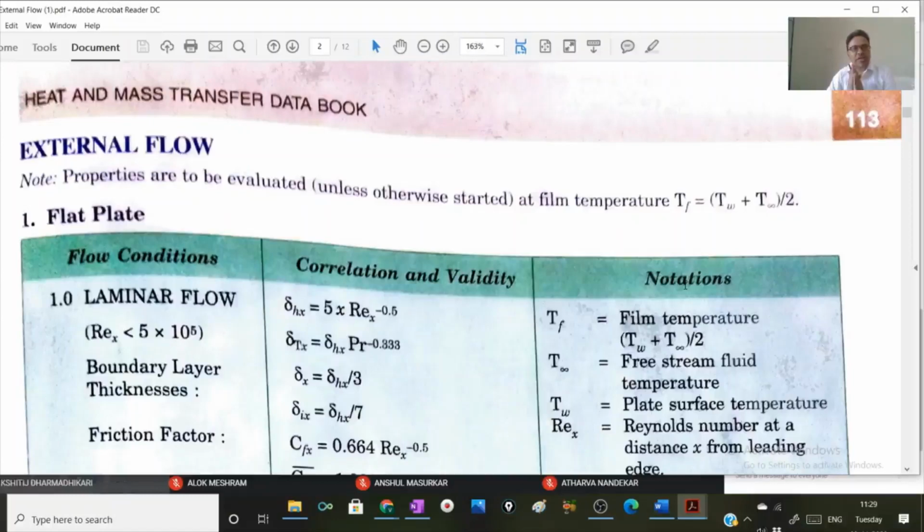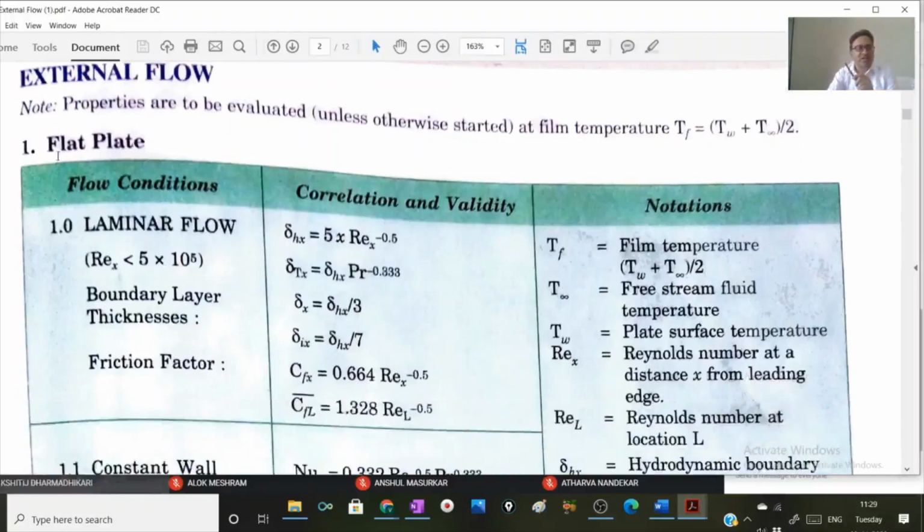Properties are to be evaluated, unless otherwise stated, at mean film temperature, Ts plus T infinity by 2. We have to select the appropriate correlation of Nusselt number, that is average Nusselt number. Subheading 1 is for flat plate, 1.0 is for laminar flow.